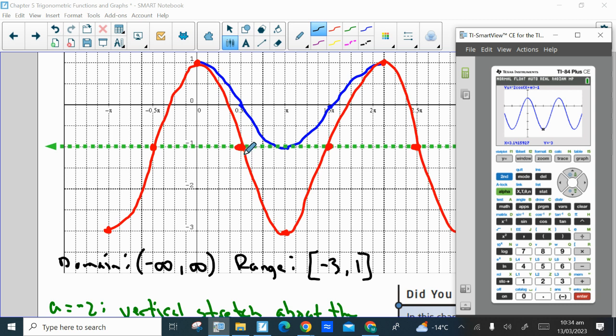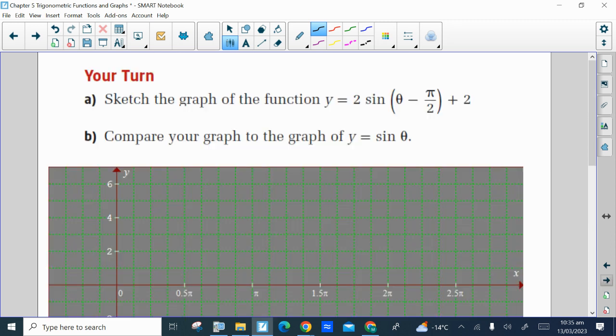The graph is going through the horizontal midline where y is -1. So 0.5 pi, I get the right y value, -1. So the graph that I graphed matches what the calculator tells us it should be. So you can always check these on your calculator to make sure that you've put everything in there correctly. Check to make sure you have the right points.